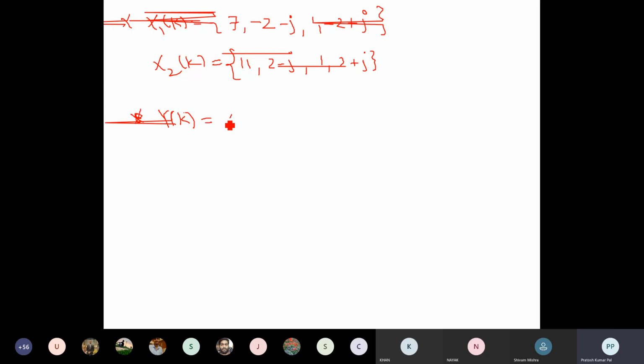We are representing it just so, it will be the multiplication of x1k into x2k. So we will multiply these two.